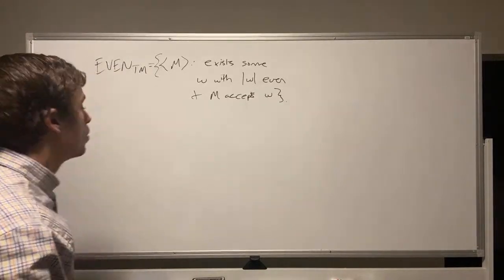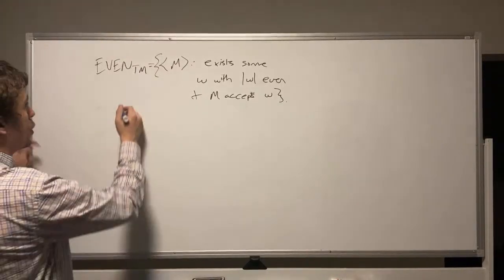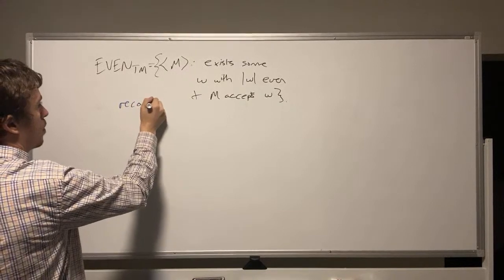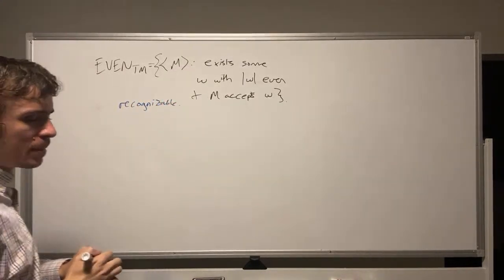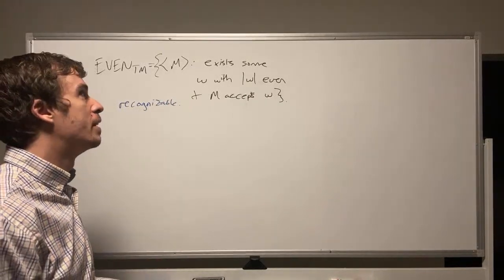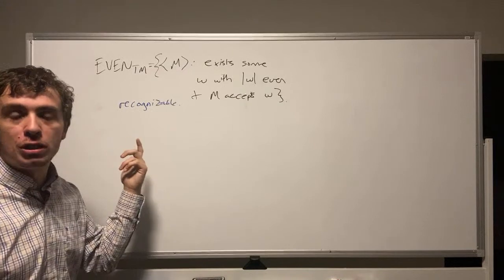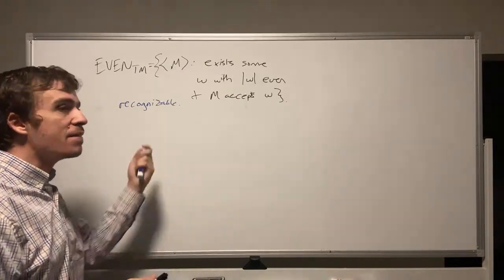All right, so is this recognizable? Yeah, so this is recognizable. And the reason, I'm not going to go into the full details because most people are worried about the context-free stuff now, is you basically can just dovetail across all of the even length strings.